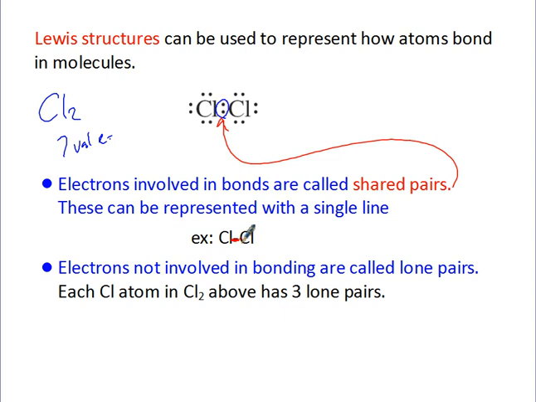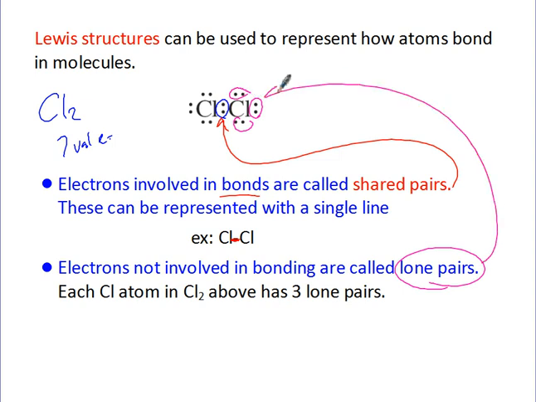That means that it's a bond between those two. The ones that are not involved in the bonds are called lone pairs. So lone pairs are all of these electrons out here that are not involved in bonding, but they're still around the chlorine. And when you look at it in total, we're looking at how many valence electrons each atom has. This chlorine atom has 8 valence electrons around it.